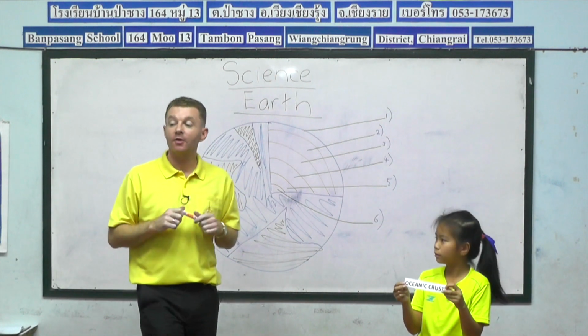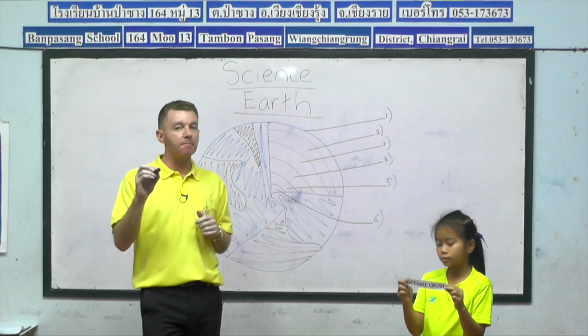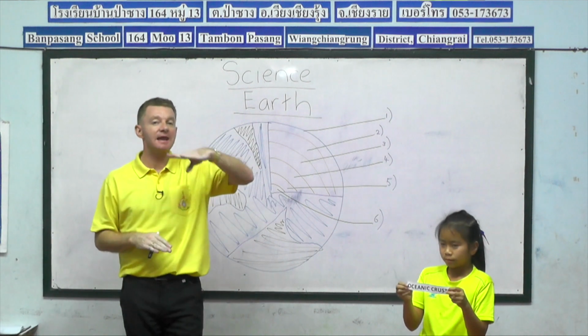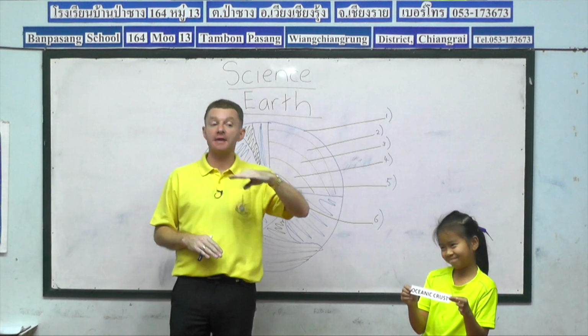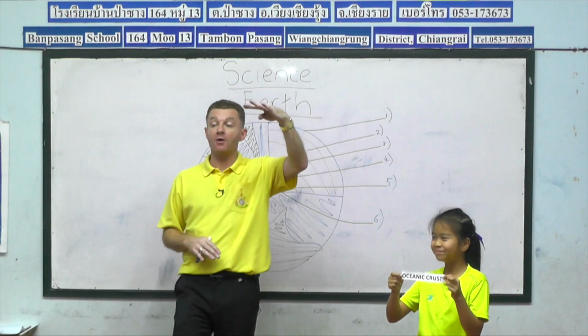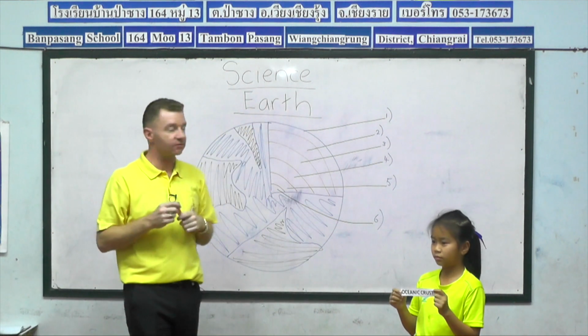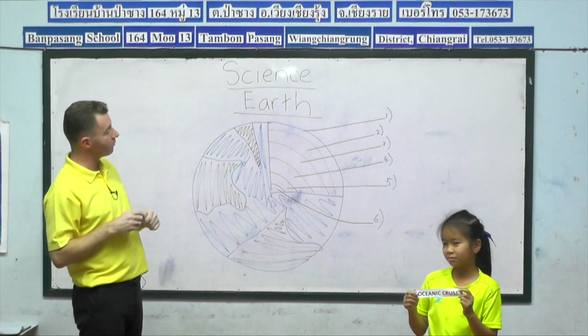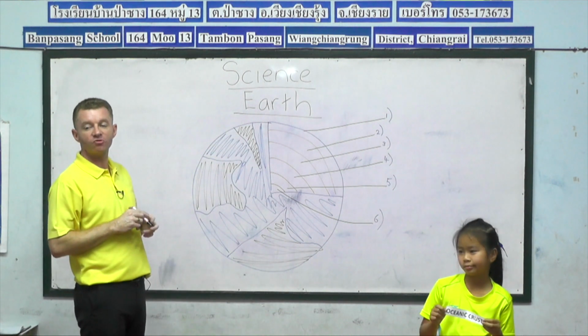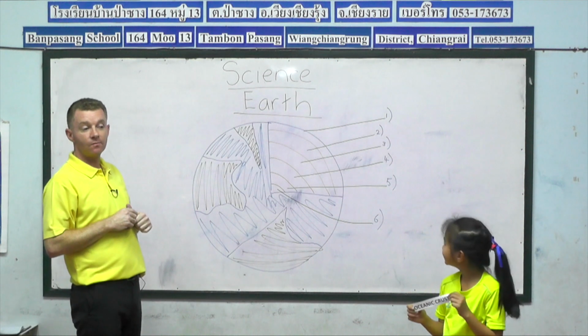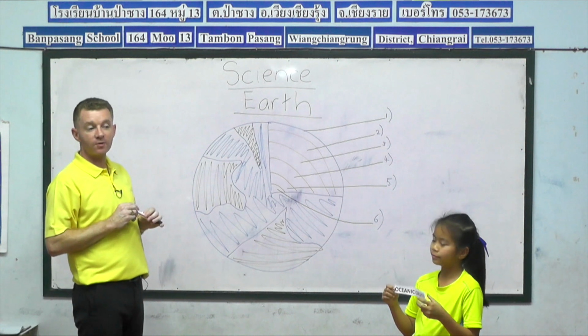Oceanic crust. Now remember, oceanic crust is the level below the continental crust. Where we are now, continental, we then have the oceanic crust. So what number on our diagram do you think represents the oceanic crust? What number do we think, guys?